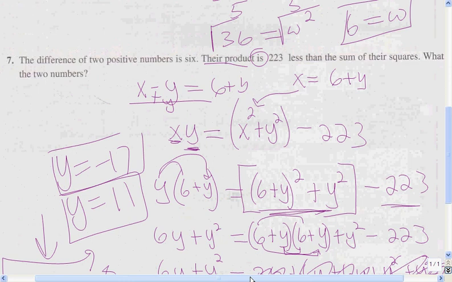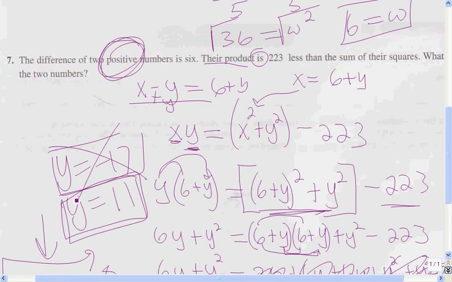Now, since they tell me in the beginning that the numbers are positive, I know I'm going to use the positive 11 and not the negative 17. So my first number is going to be 11, and my second number is going to be 6 plus 11, which is 17.